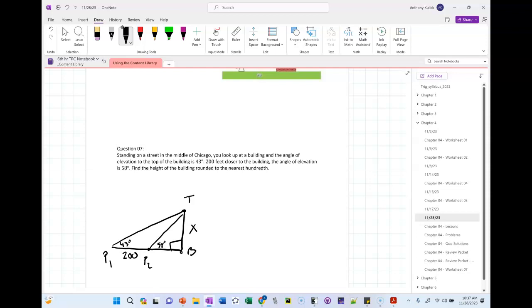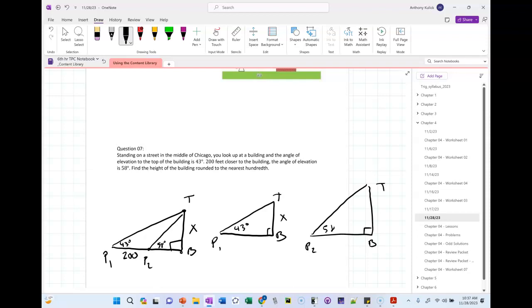So far, so good. When I look at this, I see two right triangles, both of which involve the side x.